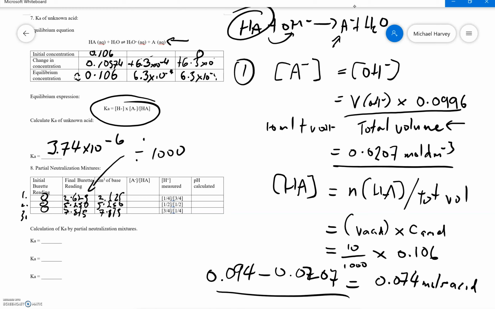So there's still going to be some acid left over, and the acid left over is these moles here. We then divide that by the total volume, and we get the value of the concentration as being 0.063 moles per decimeter cubed.